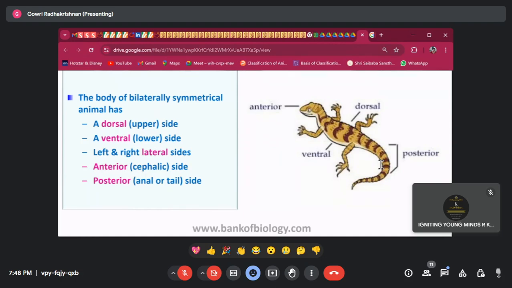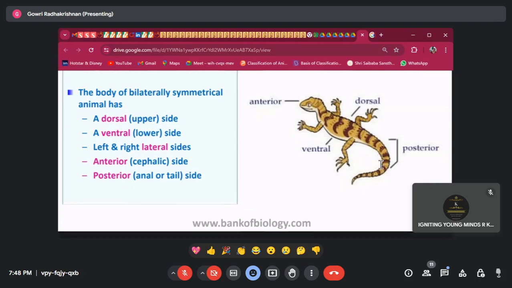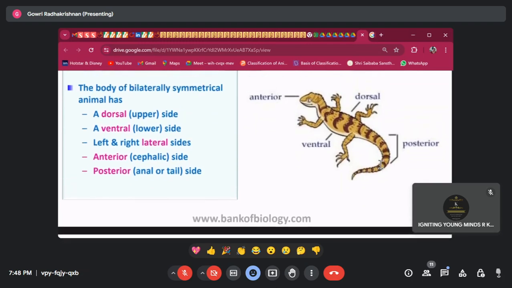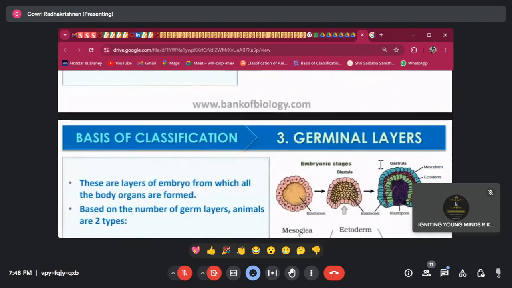It's facing the other side. And left and right lateral sides, and anterior and posterior. Anterior is the cephalic side, and posterior is the anal or tail side. So these things will be present for animals which have bilateral symmetry.